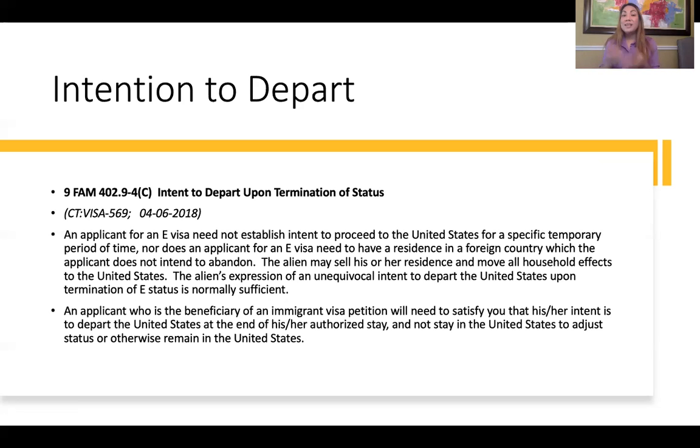You may sell your residence and move all household effects to the United States when you apply. And your expression is enough, okay? However, if you're a beneficiary of an immigrant visa, you need to satisfy that you have the intention to depart the United States when your E-2 visa expires, okay?